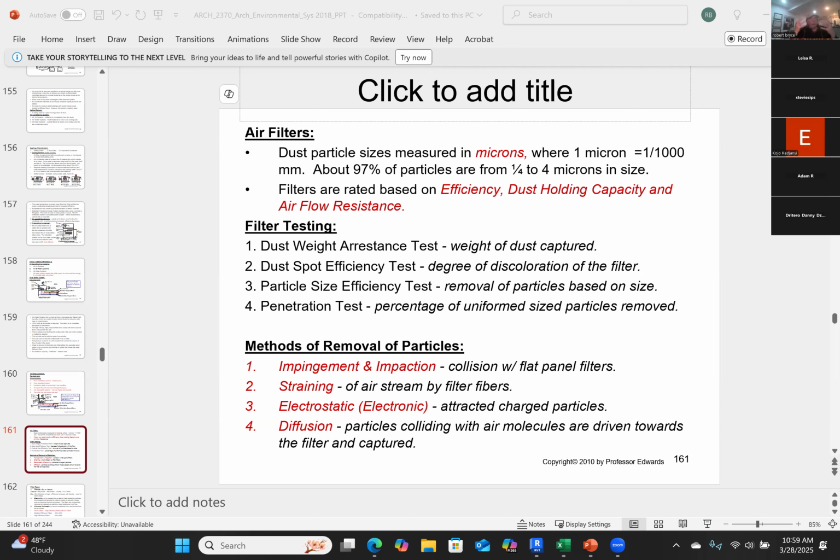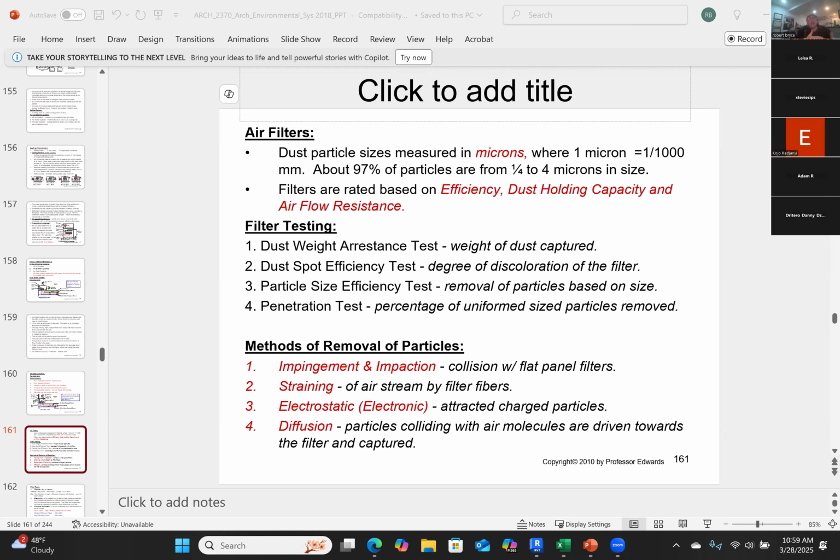And the more that filter is able to grab and hold, the more resistance there is for the air getting through from one side of that filter to the other.